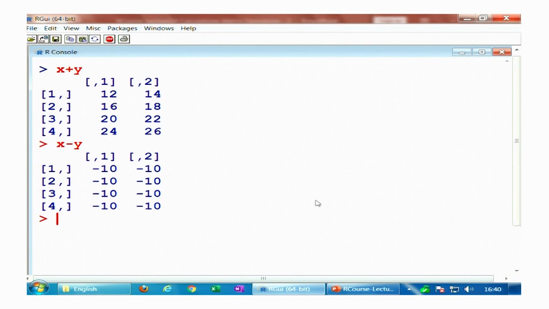So, now we come to an end to this lecture, and you have seen that we have learned once again very elementary basic operations in the R software, but I can promise you these are very important.